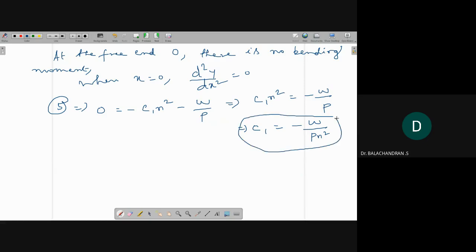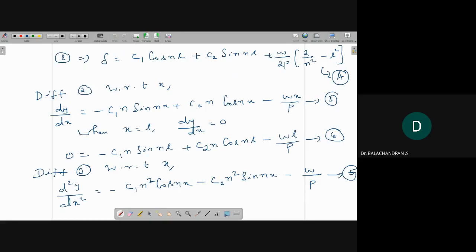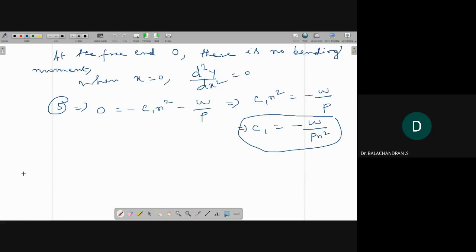Now I need to find the C2. So I'm going to substitute the value of C1 in equation 4. If you substitute in equation 4 the value of C1, you can get the value of C2. So equation 4 implies, please check it carefully.